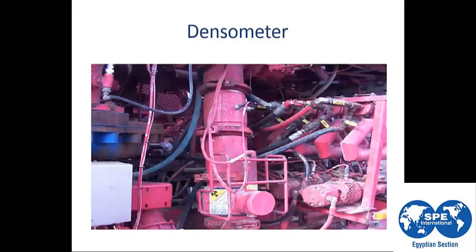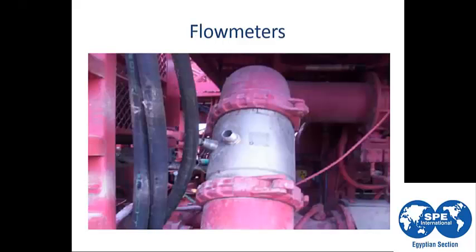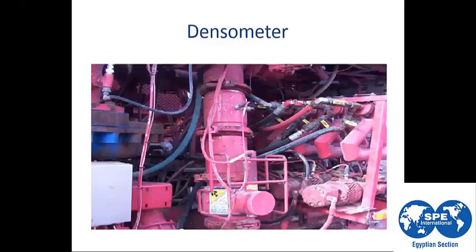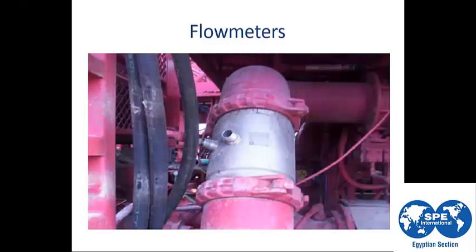And we have a densometer. The densometer is measuring the dirty volume after mixing the proppant, because we cannot use this normal flow meter to measure the flow rate after mixing the proppant, because it works with a turbine.